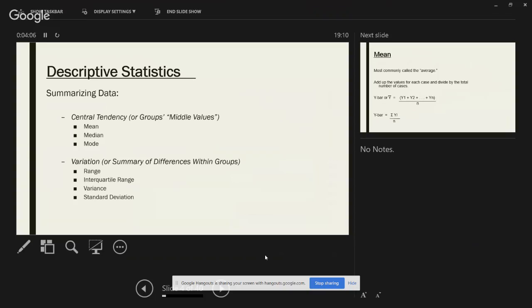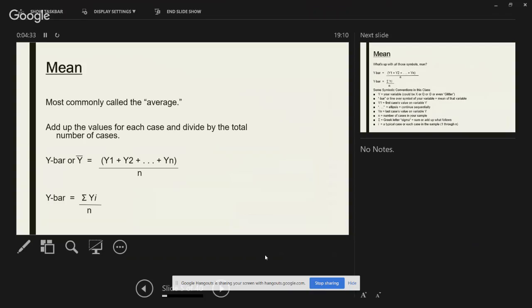Central tendency is basically the central value for a distribution. It may also be called the center or location of the distribution. The most common measures of central tendency are mean, median, and mode. So let us start with central tendency, and then we'll move on to the variation part of descriptive statistics.